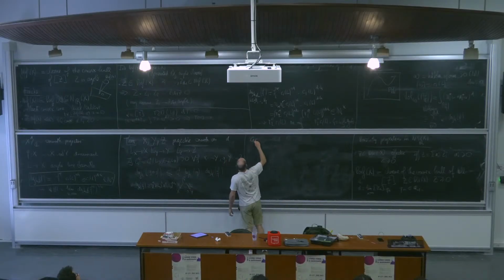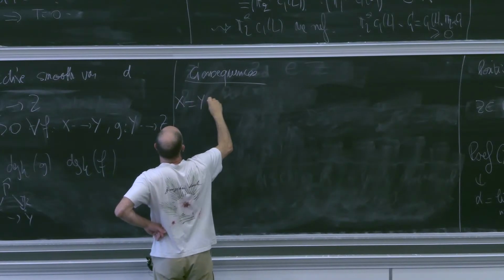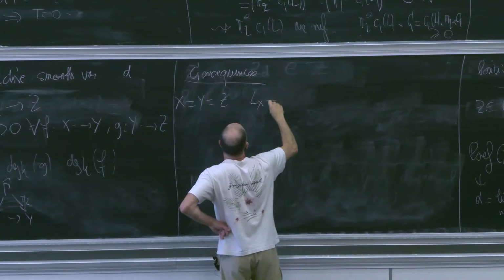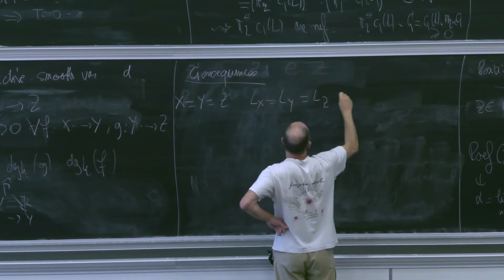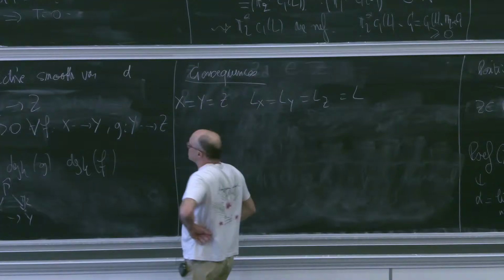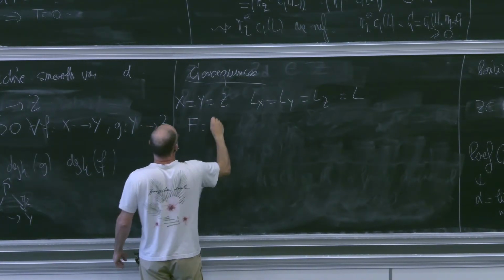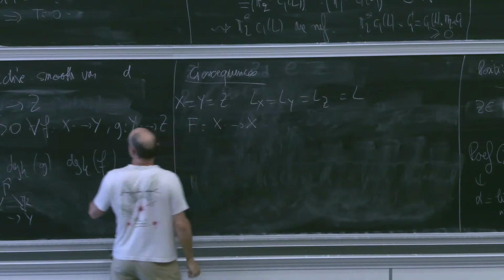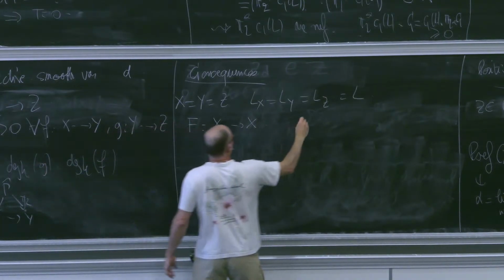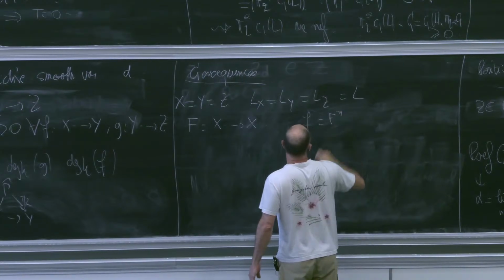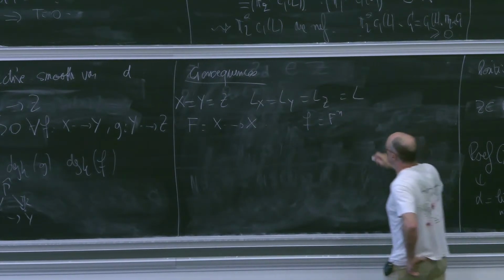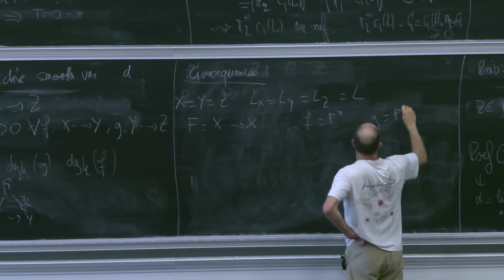We already saw these things in dimension 2, but we can take x equal to y equal to z, and Lx equal to Ly equal to Lz equal to L. Then let me take capital F, and take small f to be an iterate of capital F, f to the n, and g to be f to the m.